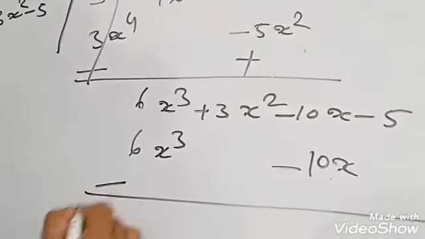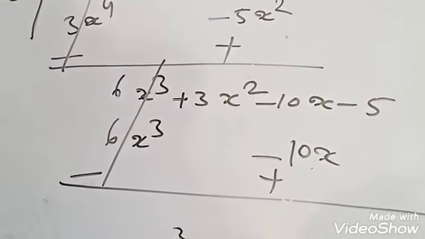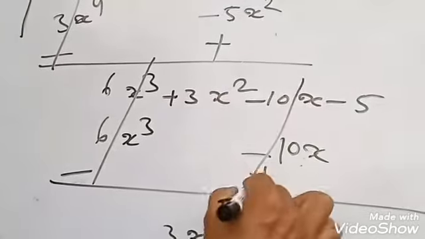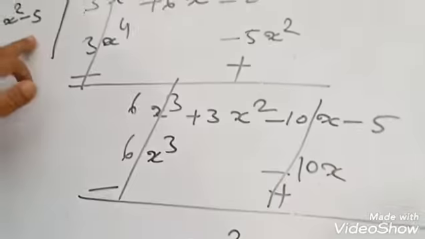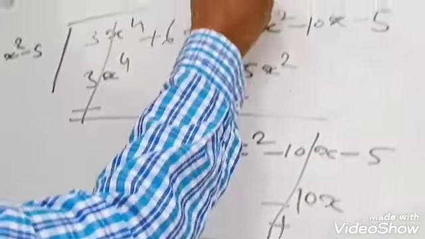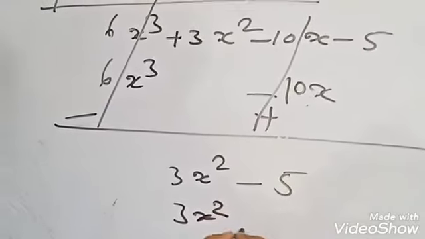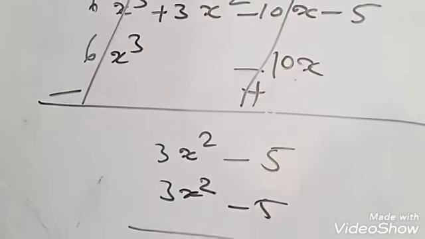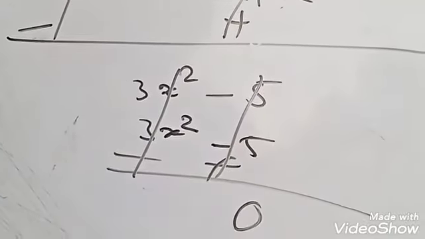Here on subtracting, this will be minus, this is plus, it will be 3x^2, this is minus 5. 3x^2 minus 5, 3x^2 minus 5, this will be plus 1. It will be 3x^2 minus 5. This is minus, this is plus, this remainder is 0.